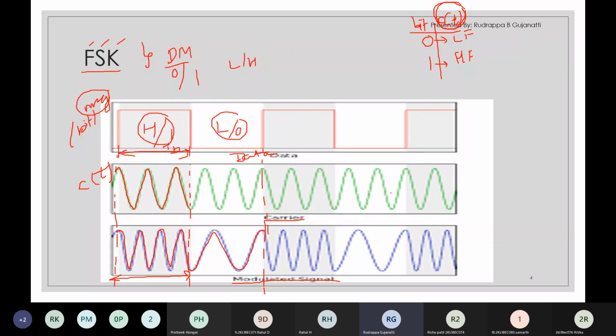This process repeats in the further bit streams. If it is one, again you consider the high frequency. Here you can see that in this bit duration, again a high frequency signal is being sent, and when it is again zero, a low frequency signal is being sent. This will continue for the rest of the bit stream.